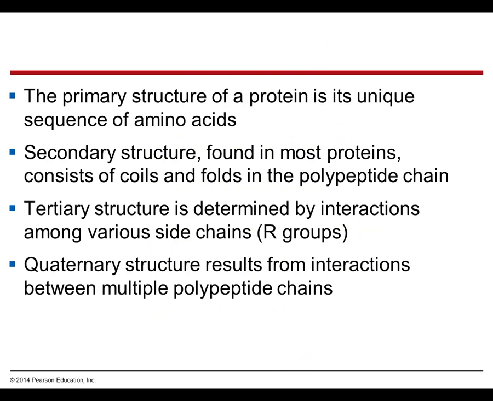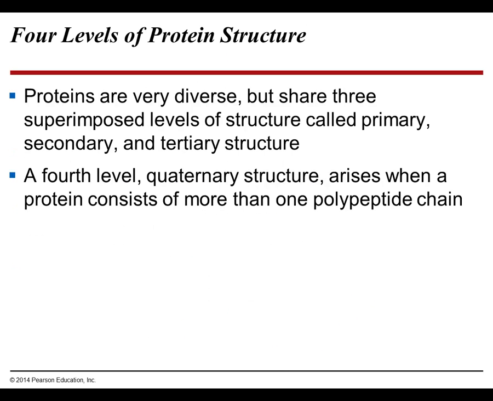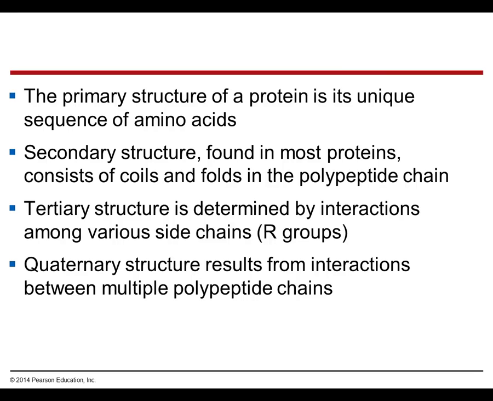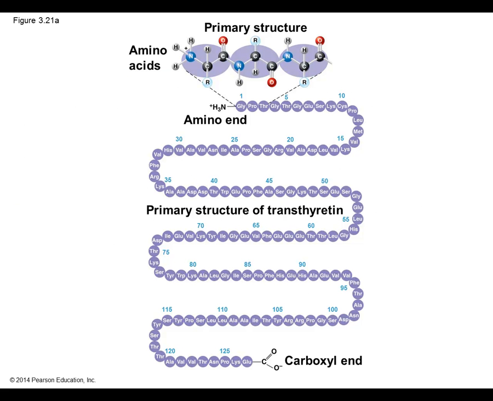So, backing up here, there are four levels of protein structure: primary, secondary, tertiary, and quaternary. The primary structure is the unique sequence of amino acids.